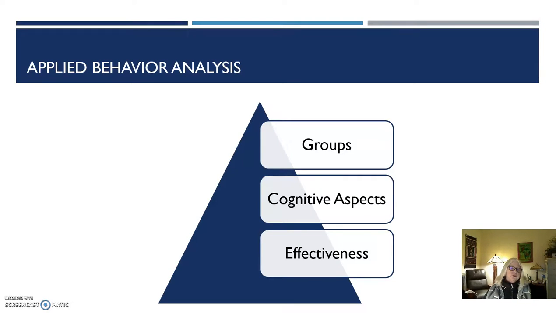Students get tokens during the week, and then on Friday they can go to the store or a treasure chest where they can exchange their tokens for other material reinforcers. There's another approach used, cognitive behavioral modification or cognitive behavioral therapy, CBT. This is a very popular model in the therapeutic community.